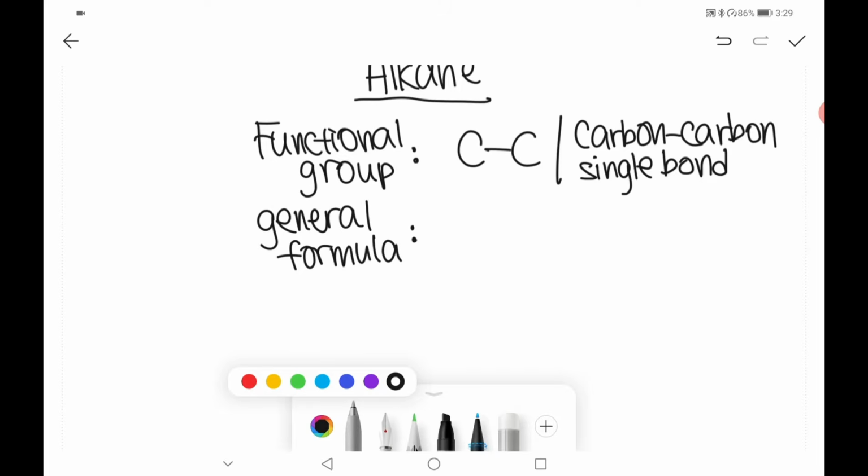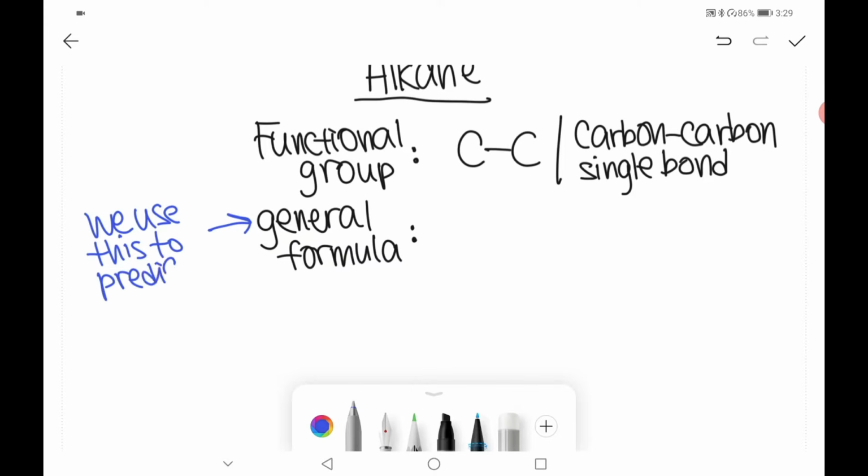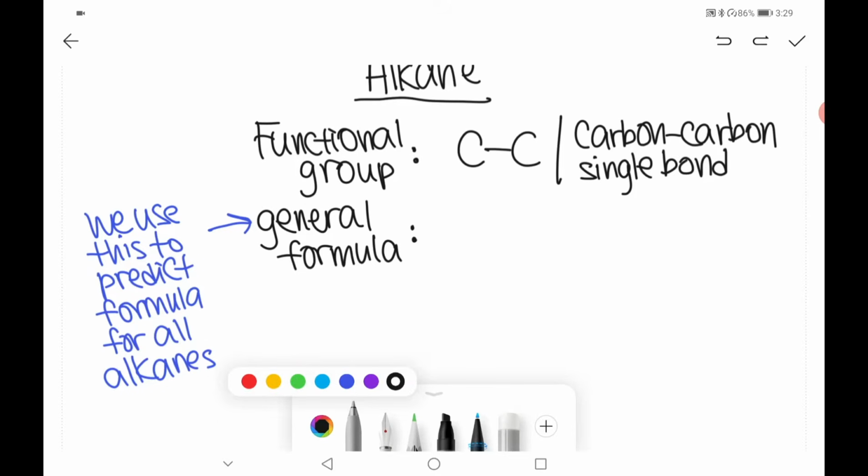We use this general formula to predict the formula for all the alkanes. So if you want to find out the formula for alkanes, you don't need to memorize. You can predict it. How do you predict it? You can use the formula CnH2n+2, CnH2n+2.